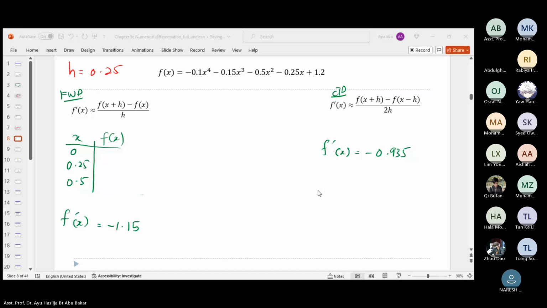Same, okay, good. So make sure you get the same value over here for forward and centered.